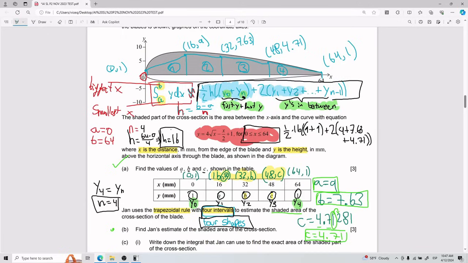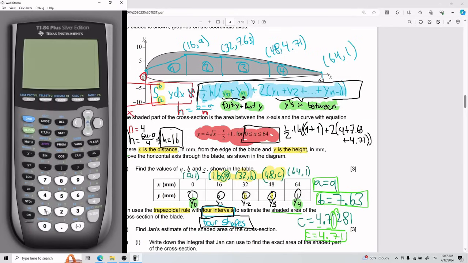And so that is going to help you find the area under the curve. Plug that into your calculator. Nice and easy. You're going to have the 1/2, the 16 times 1 plus 1, first y and last y, plus 2 times all the y's in between, so 9 plus 7.63 plus 4.71.